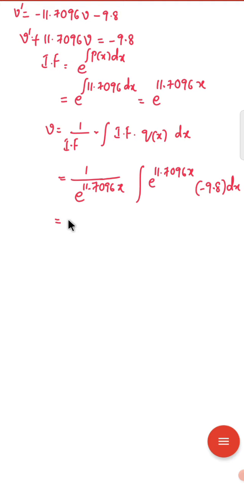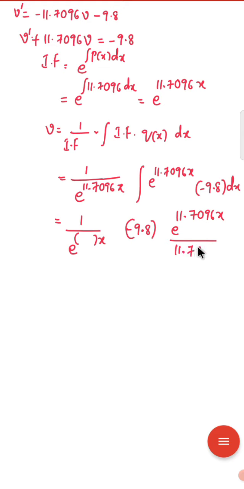Okay, when I solve this, I'm not going to write all the numbers here, but if you integrate this one, let's take minus 9.8 out of the integration since it's the constant. When you integrate e to the power of 11.7096 x, it is e to the power of 11.7096 x by 11.7096, right?